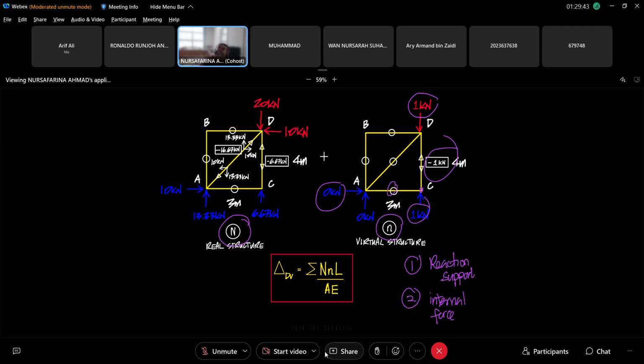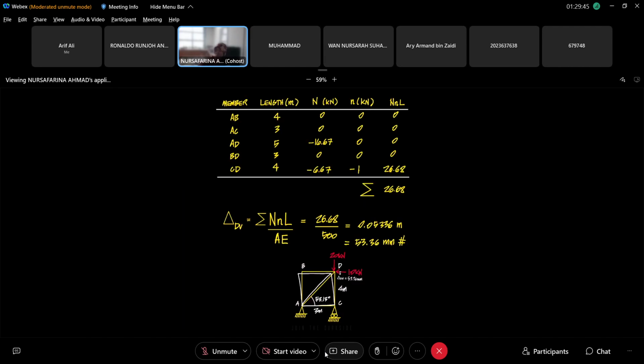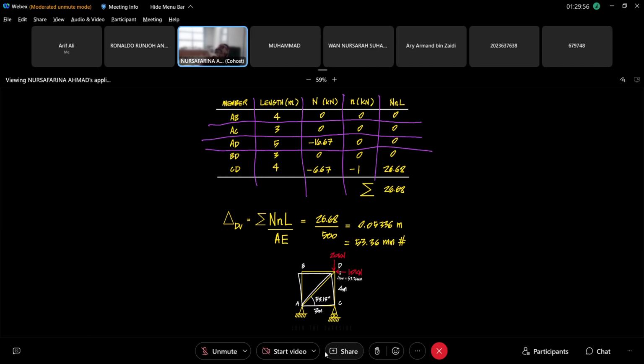Then you need to make a table, it's easier to make a table.